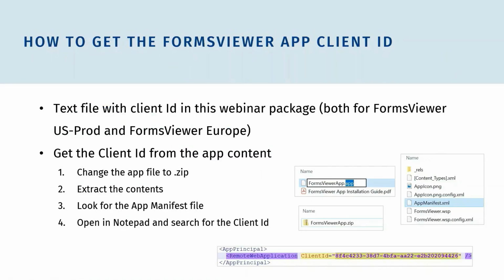So like I said, we mentioned a little bit about getting the client ID. We provided that in a text file in this webinar package. If you want to know the client ID manually, you can extract the app content.